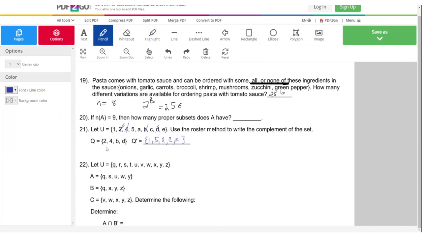So then Q and not Q should not contain any common elements. And when you put them back together, you get the universal set. So 1, 2, 4, 5, and then A, B, C, D, and E.